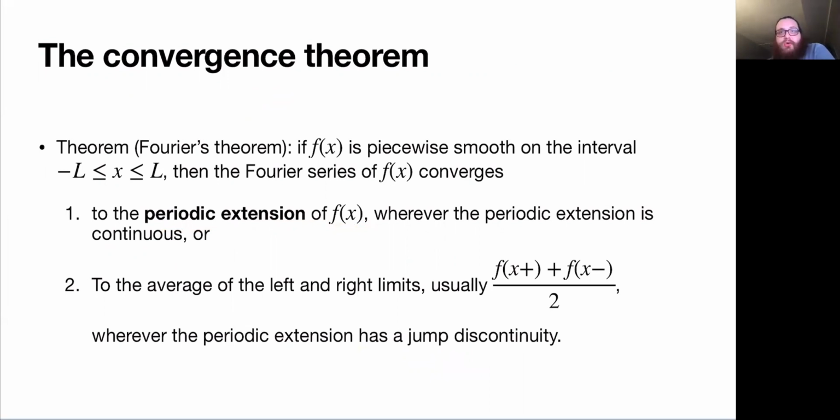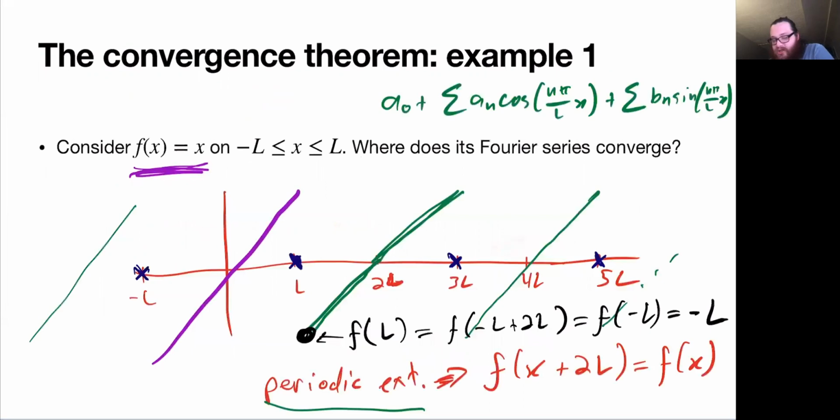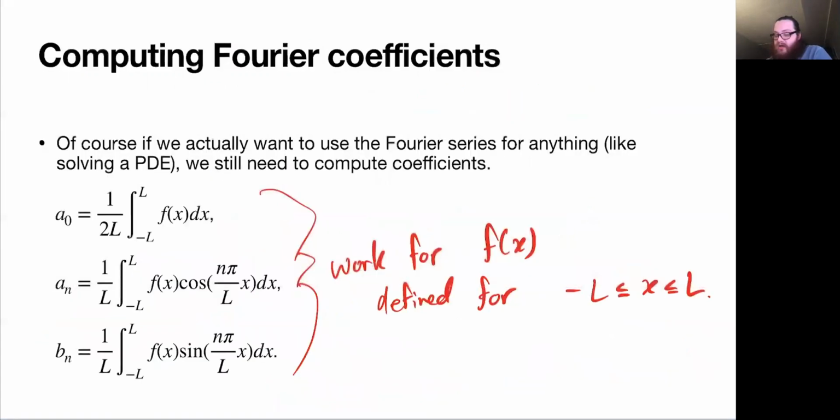Otherwise, the value of the series is going to be the average of the left and right limits. What this lets us do is sketch Fourier series and get a qualitative view of what these series look like, which is great. But if we ever actually want to work with these things, like say solving PDEs, then we really don't have much choice but to actually compute the coefficients.